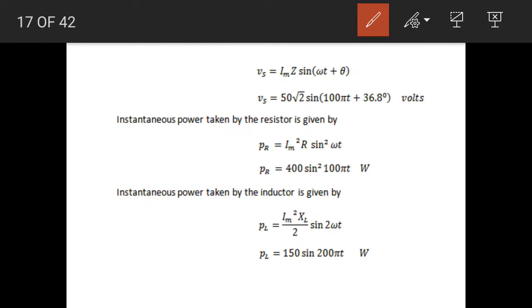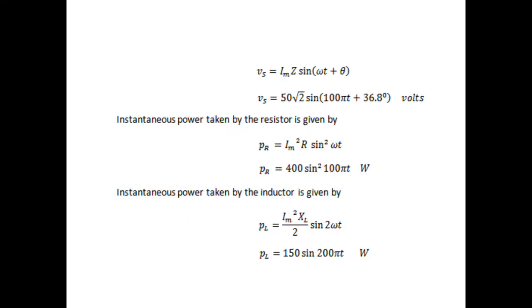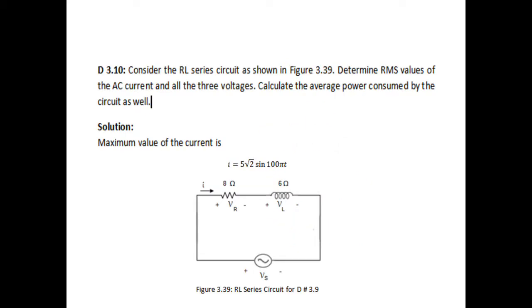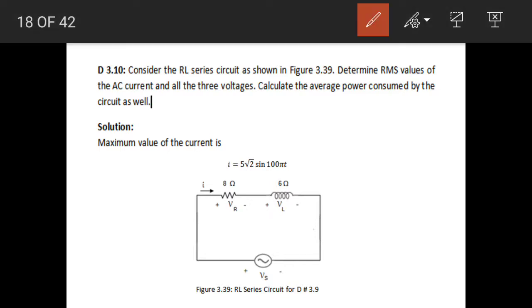We repeat the same numerical example, and we are going to calculate the RMS values of the AC current and all three voltages. Calculate the average power consumed by the circuit as well.